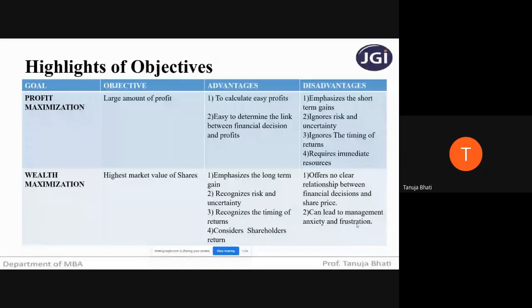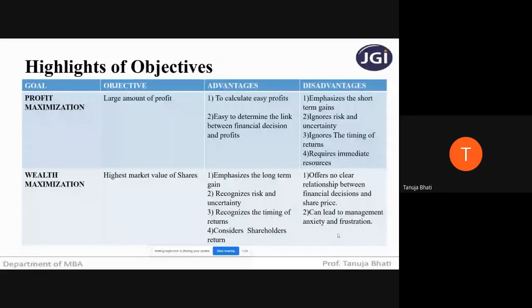So this is a major disadvantage of wealth maximization, because not all investments necessarily create wealth. If there is some particular loophole or defect, the entire decision can fall, and it can lead to management anxiety and frustration.